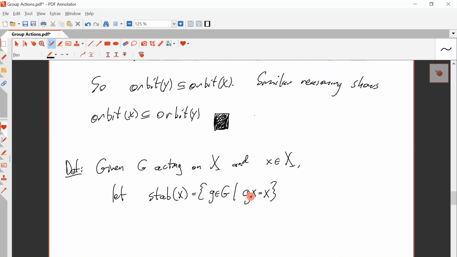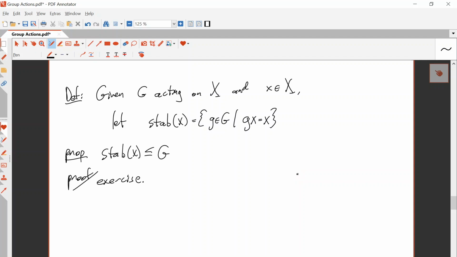It's all the group elements whose action on x leaves x alone. Stabilizes x. All right, and then the proposition is that stabilizer x is a subgroup of G. Proof. Exercise. Okay, it's just proving something's a subgroup. It's no big deal.